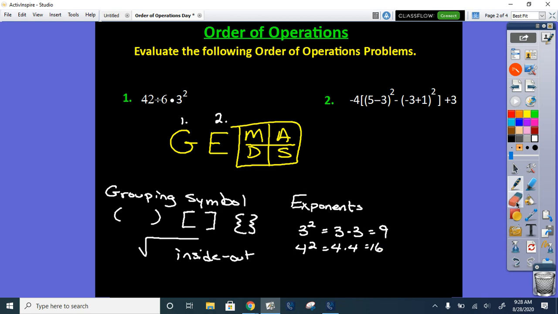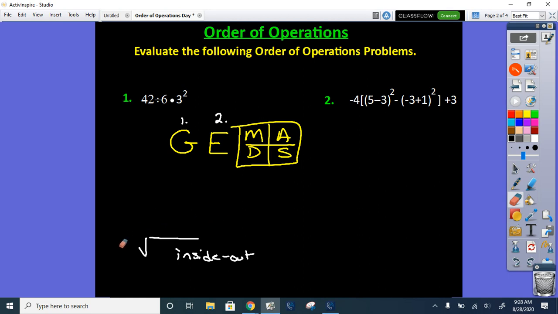Now, if you see up top here, I grouped the M and D together and the A and S together. Step 3 is taking care of both multiplication and division. This is an entire step because we have to think about it as moving directionally in the problem from left to right.